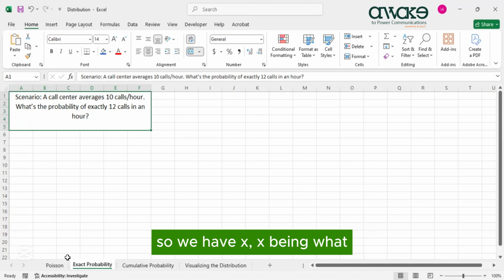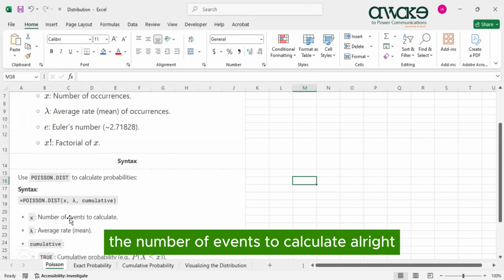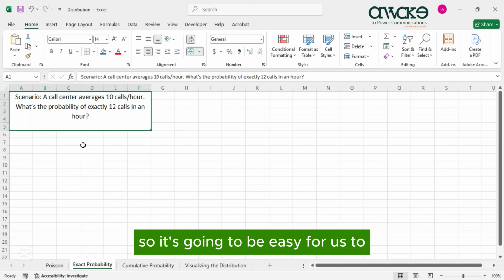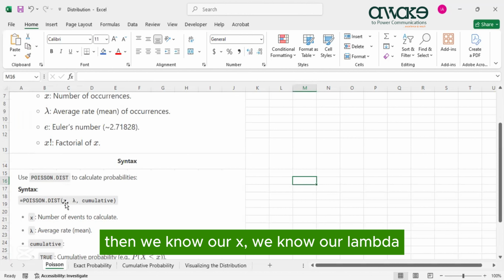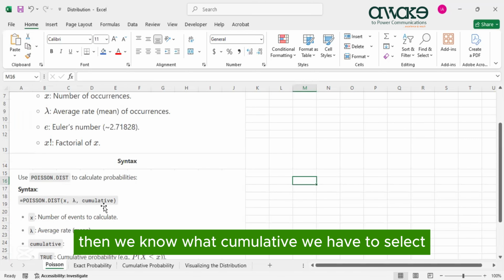So we have x being what? The number of events to calculate. All right, so it's going to be easy for us to go ahead and calculate that. Remember again our syntax, right? As easy as just entering equals POISSON.DIST. Then we know our x, we know our lambda, then we know what cumulative we have to select.